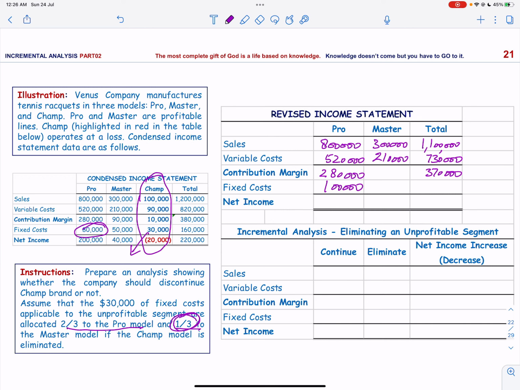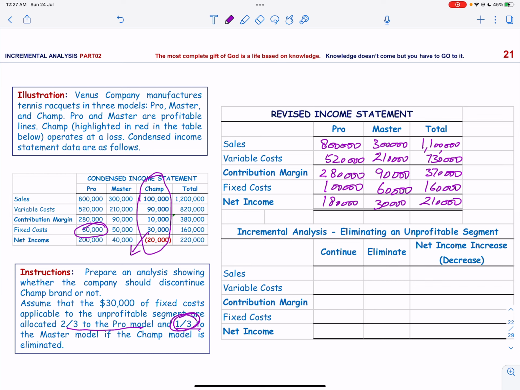So the total fixed cost is 160,000 and the net income will be 180,000, 30,000 and 210,000. So this is part 1.